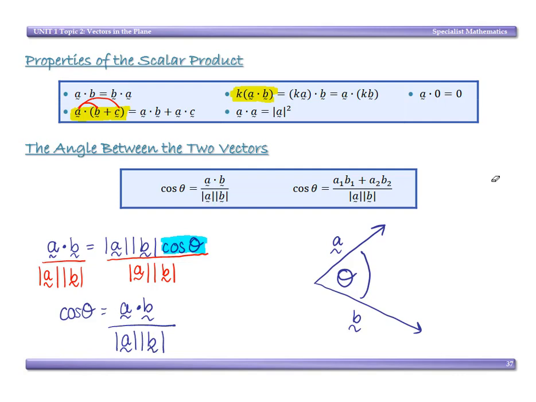Now also remember that to find the dot product, we can multiply and then add the corresponding components. So you can see that's where this formula is coming from.